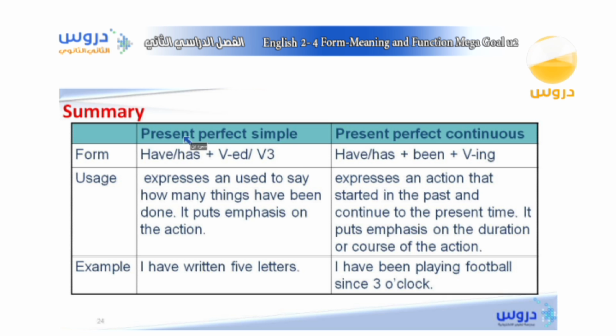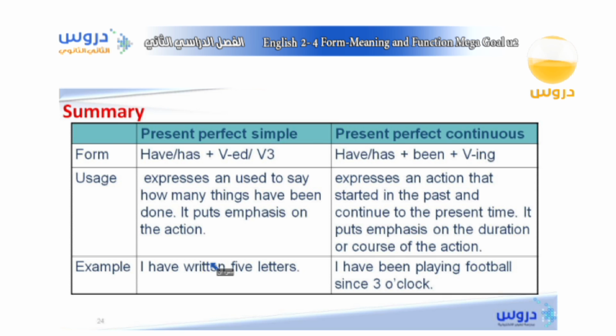Here we use present perfect simple. Why do we use present perfect simple? To say how many things have been done. It puts emphasis on the action, how many things. For example, I have written 5 letters. I've written 5 stories, for example. So we use present perfect simple.